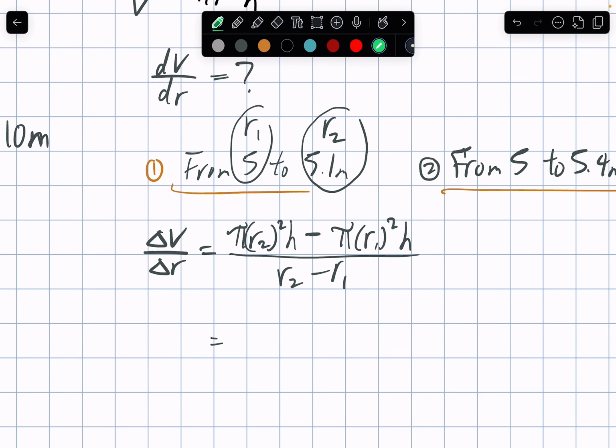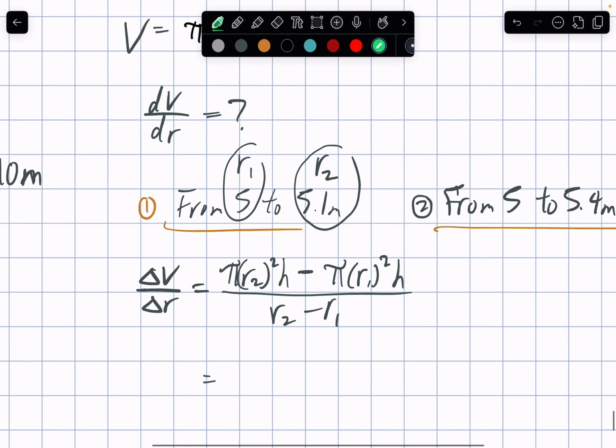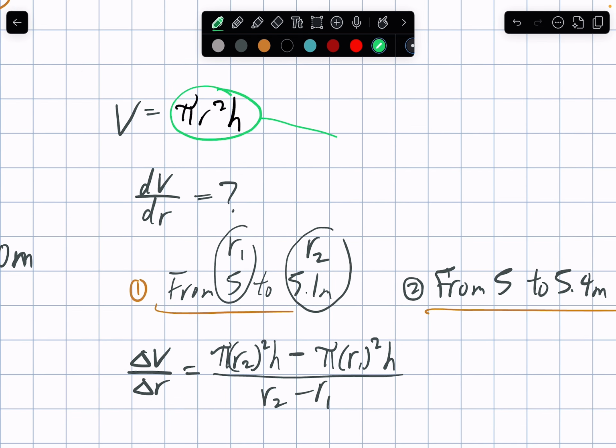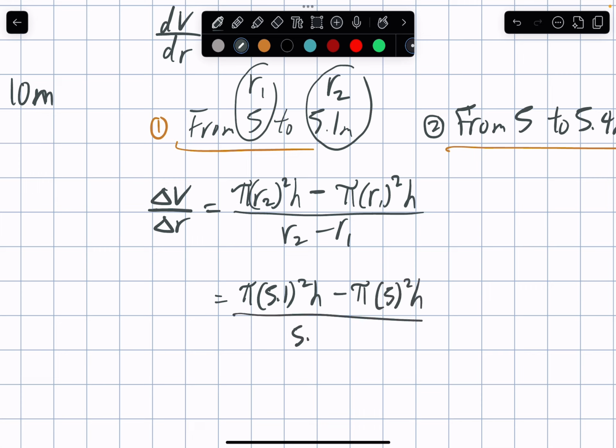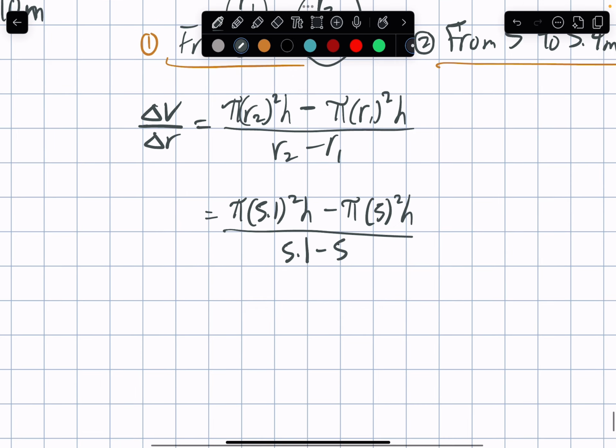So how did I write this? At the top is the volume, right? So the formula, you write it down, but specifically here it's about the second radius, which is 5.1, and the next one is about the first radius, 5. So pi 5.1 squared h minus pi 5 squared h divided by 5.1 minus 5.